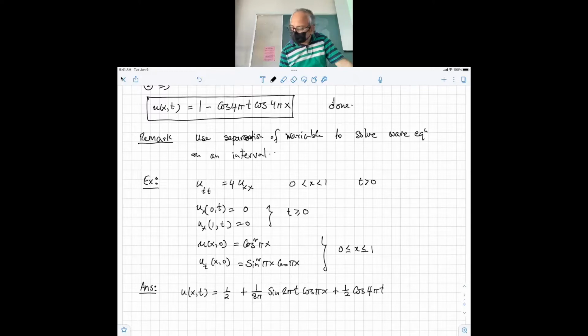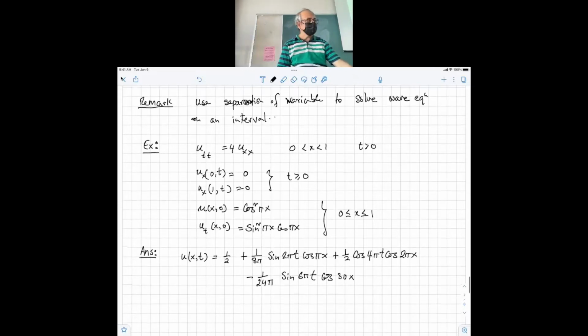The answer involves four pi t cos 2 pi x minus, over 24 pi, sine of 6 pi t cos 3 pi x.